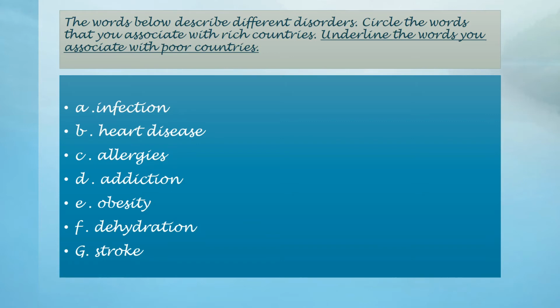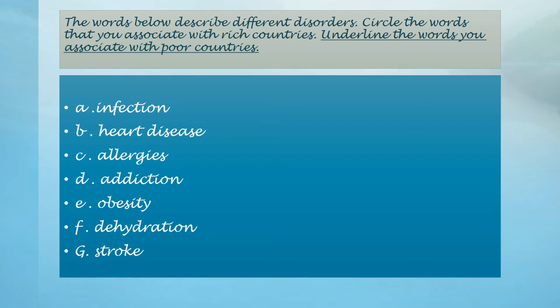Okay? And now, infection is associated with, very good, poor countries. Heart disease is usually associated with much food, right? And obesity, so it's associated with rich countries. Allergies, very good, rich countries. Addiction, excellent, you get addicted to things whenever you have much money and plenty of resources, right?